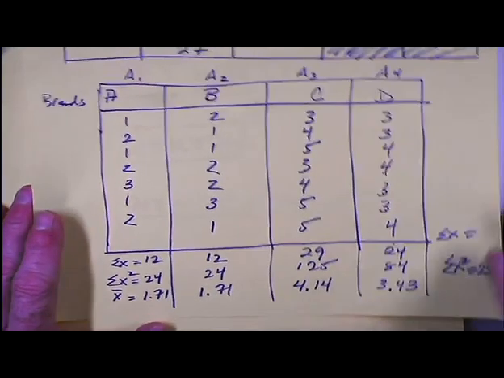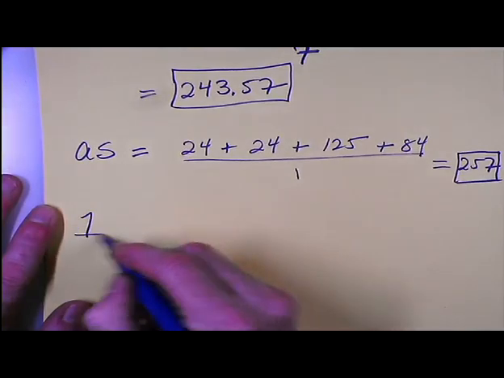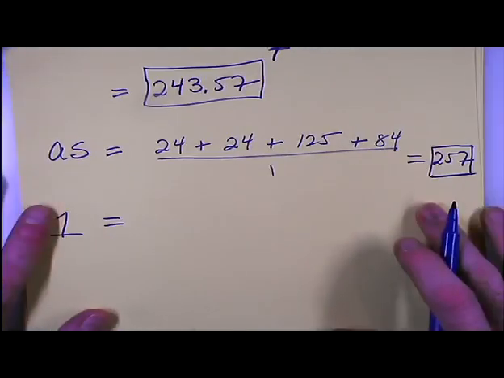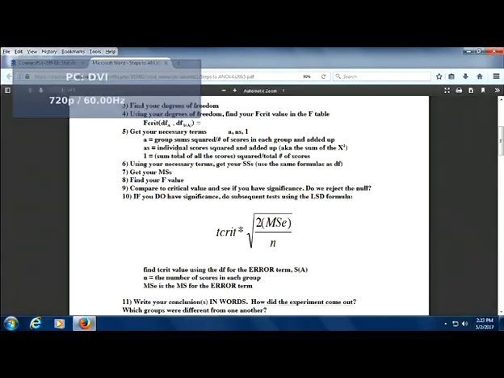So now the last part that we get is what I call one big number, sort of. It is the sum total of all the scores, squared, and then divided by the total number of scores there are, or the total number of people in the experiment, or the total number of rats in the experiment.